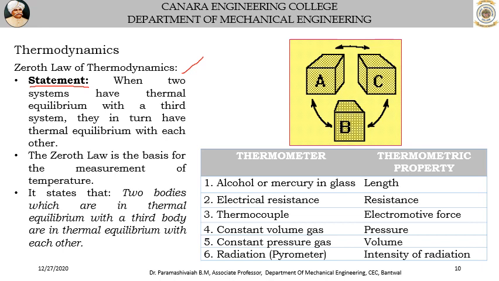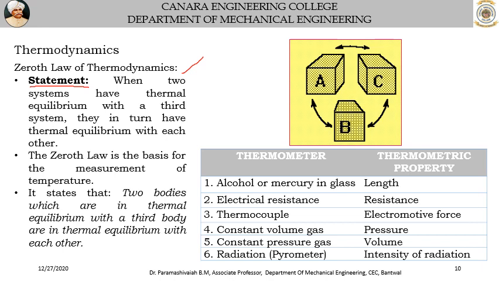Similarly, if B is in thermal equilibrium with C, these two are at same temperature, and if you bring them in contact, no transfer of heat takes place. Then A and C are also in thermal equilibrium. That is the statement.